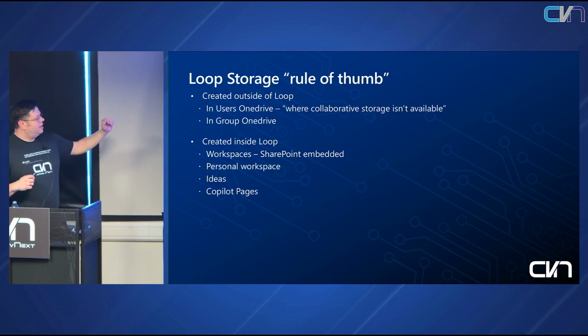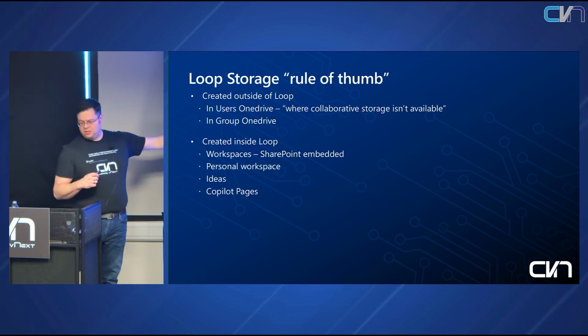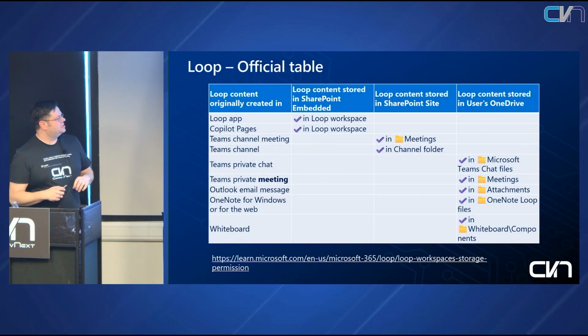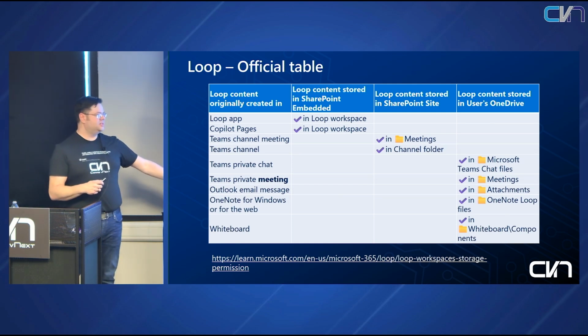If you are creating stuff inside Loop, there is this notion that Loop has around workspaces, which uses SharePoint embedded. I've got a page that we'll talk about on SharePoint embedded. There's an official table that Microsoft has. We're not going to play a game with this one. This is just nicked shamelessly off the TechNet pages with sources down the bottom here.